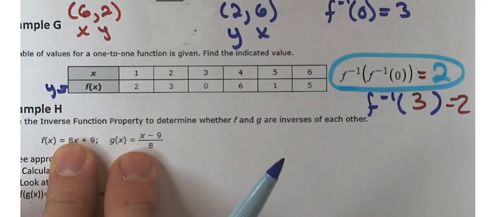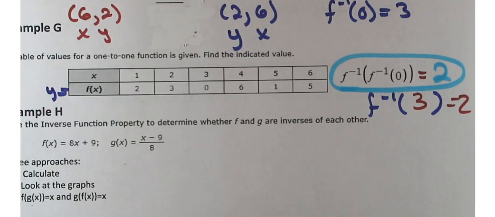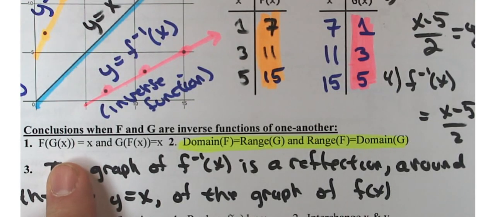Now, one of the things you can do when you're playing around with functions is check that something's an inverse by applying what's called the inverse property. So we're going to go back to the front of our handout for one last time. And I'm going to highlight this part right here.